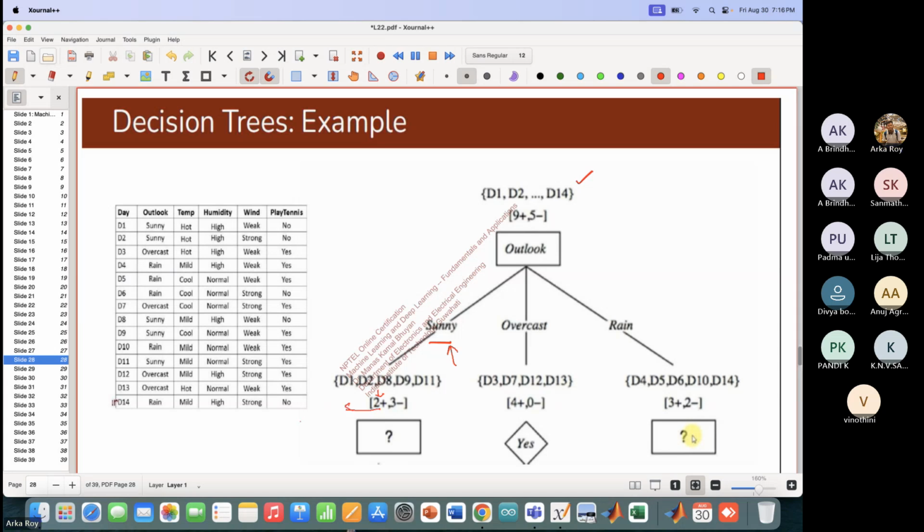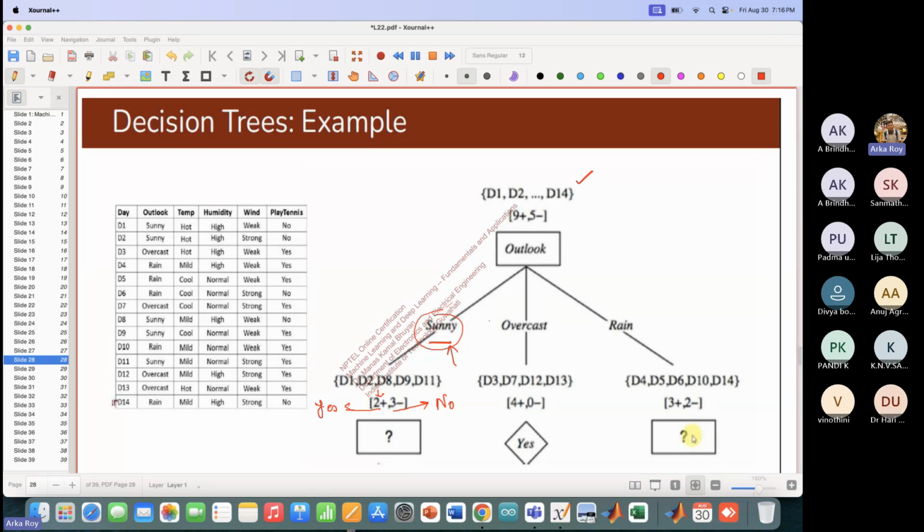So this 2 plus means the yes class, and 3 minus means the no class. So that means over here, just by choosing sunny, you will not be able to classify the data, because there is ambiguity here. You are not able to classify definitively using sunny.